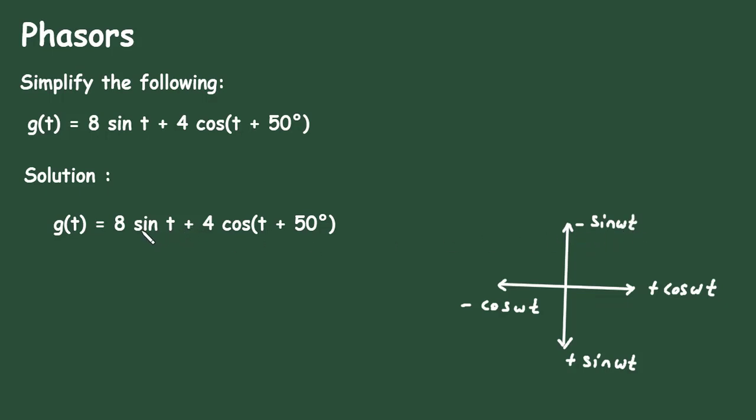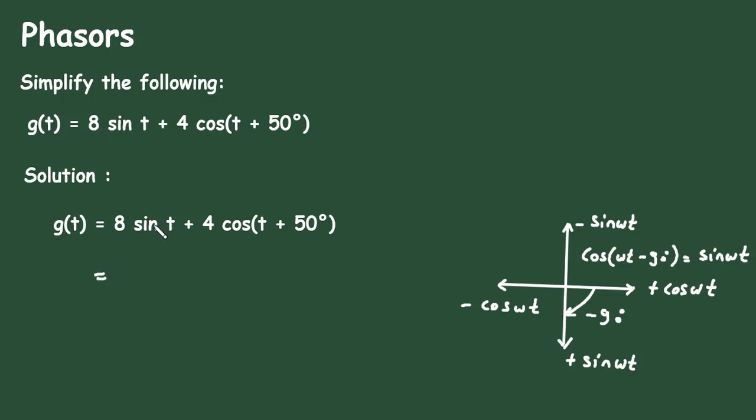Now we have to convert from sine to cosine in this direction, and here the direction is negative and the angle difference is 90 degree. That means cos omega t minus 90 degree is equal to sine omega t.